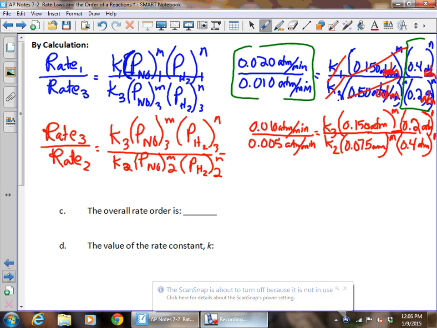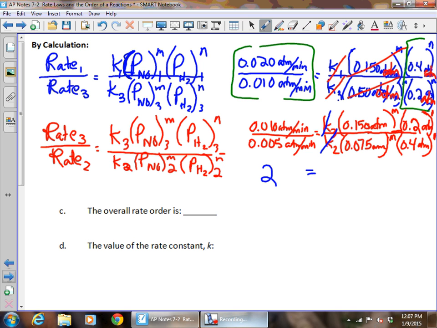Now, what will cancel? K's. K's will cancel, and that's pretty much it. So what do we get for the rest of it? This is 2, taking 0.01 divided by 0.005. The next section, 0.15 divided by 0.075 is also 2, and it's going to be quantity raised to the m.